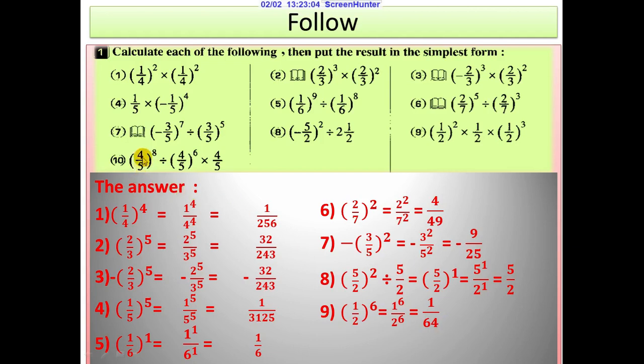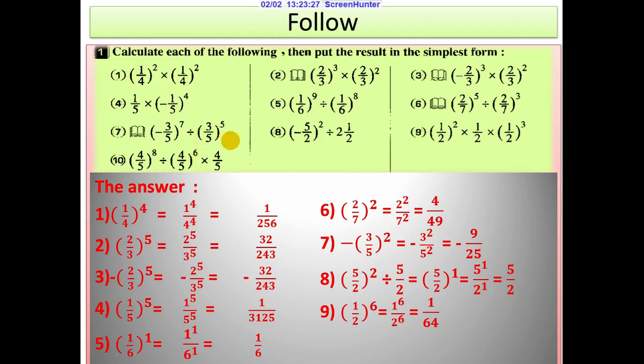Number 10 here, he gave me (4/5) raised to power 8 divided by (4/5) raised to power 6 multiplied by 4 over 5. How to solve it? We write 4 over 5 as it is, and when we divide these two rational numbers, we subtract 8 minus 6, to be equal to 2.